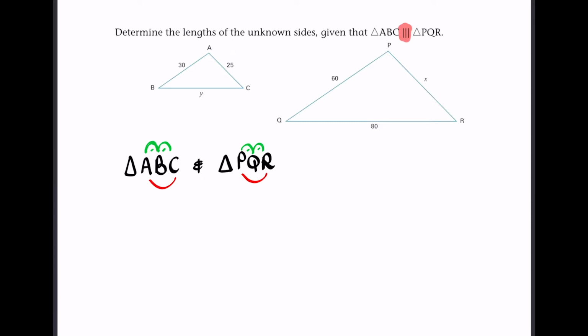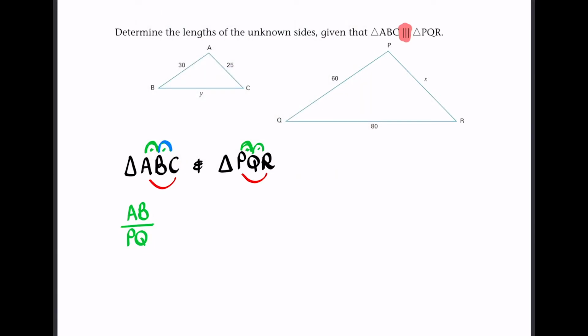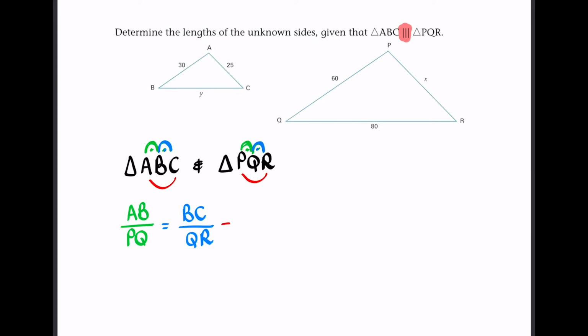So, if I take the left eye of both frogs or triangles, I would have AB over PQ. Then I would take the right eye of both of the triangles or the frogs. That will be equal to BC over QR, which would therefore be equal to the mouth over the mouth.